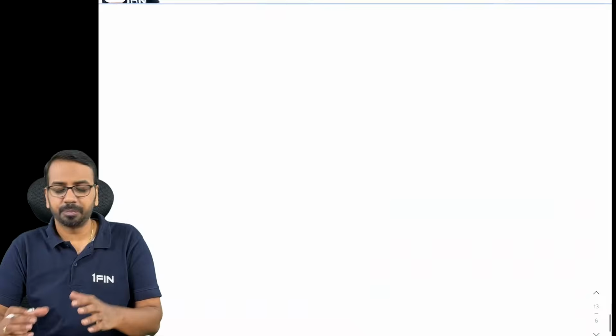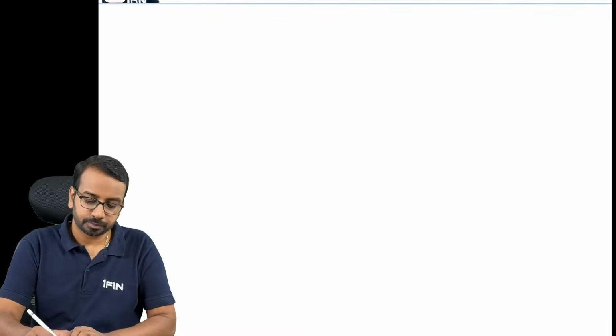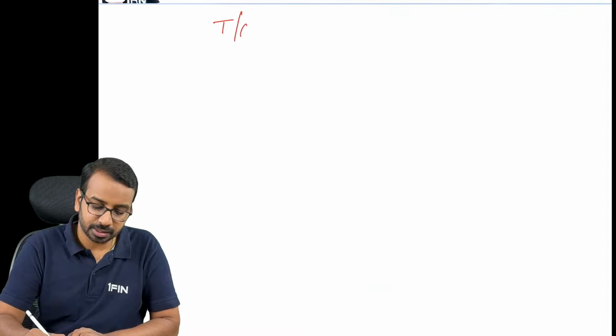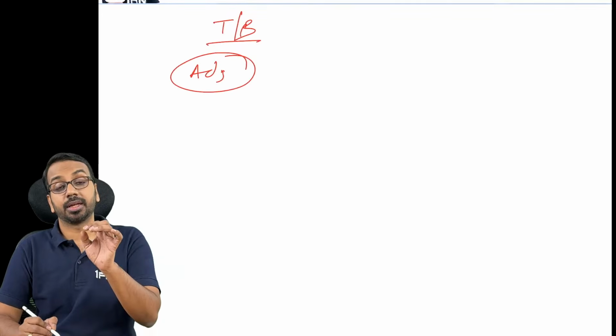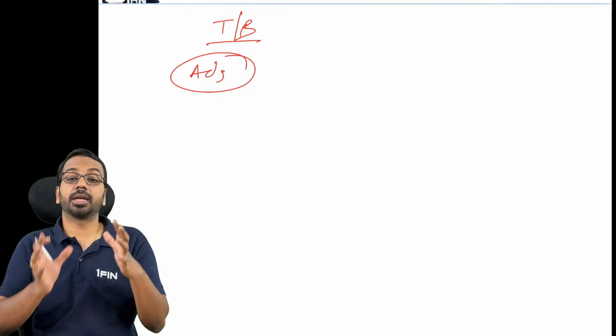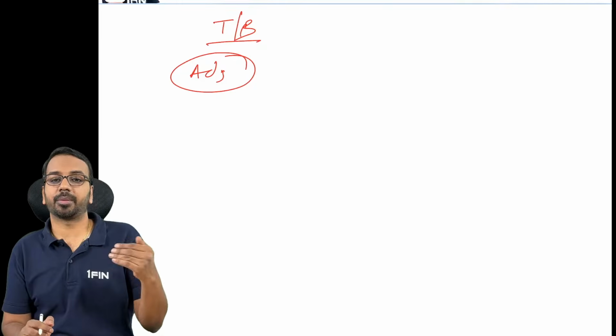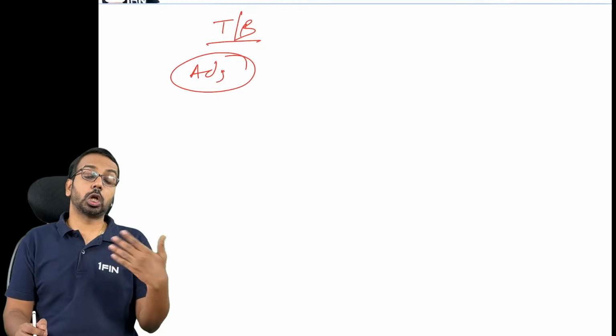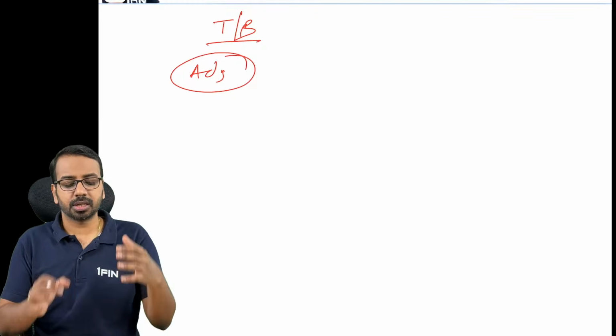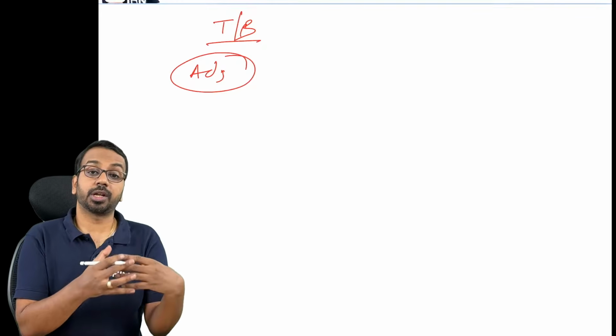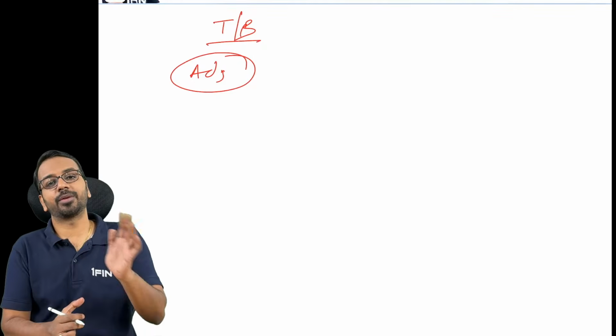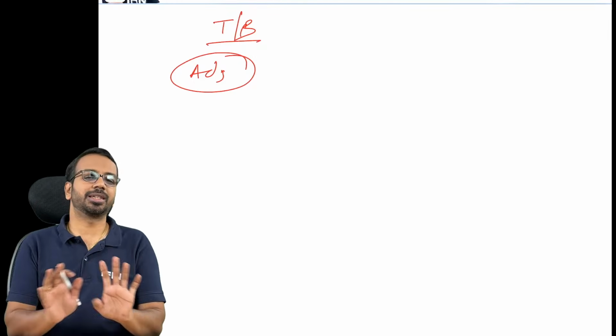Now typically we get a very long question which has a trial balance and you have some adjustments. When you are solving this question in the examination or also when we are practicing, one doubt which a lot of students get most of the times is, sir, should we prepare working notes first or should we prepare working notes at the last? It completely depends on you.